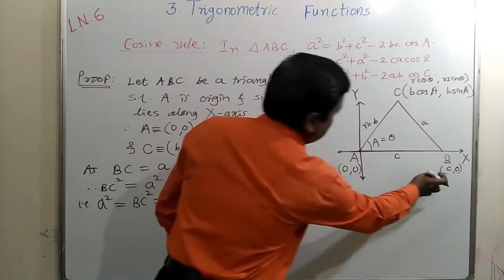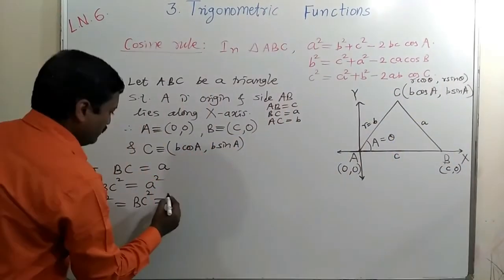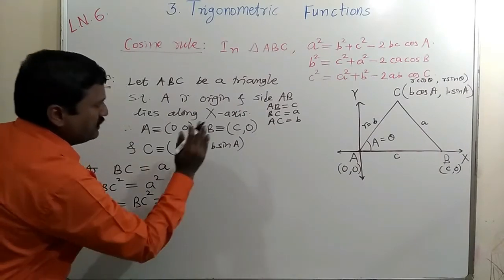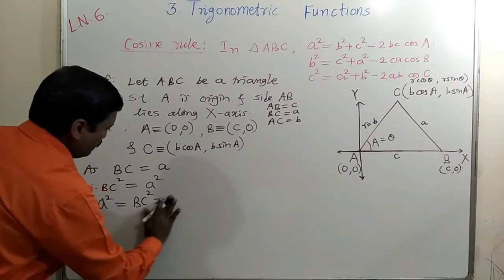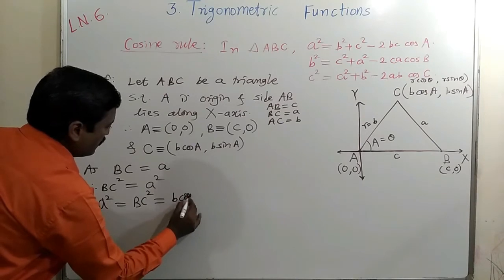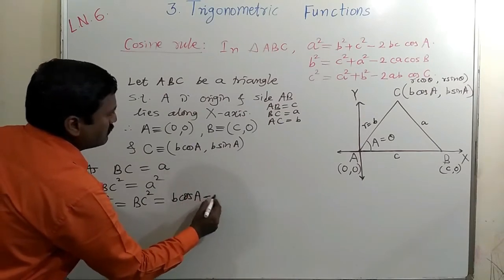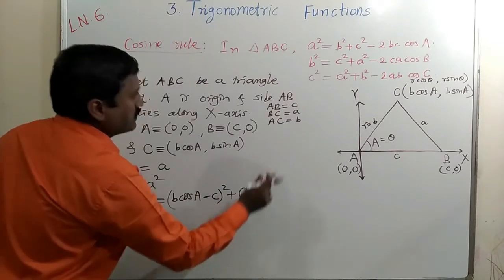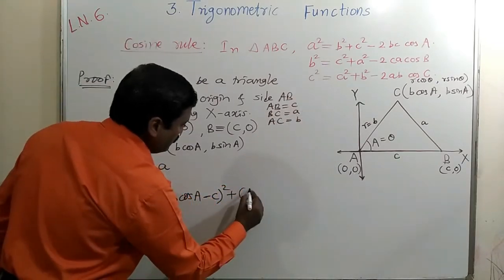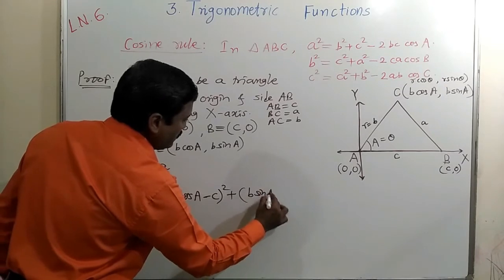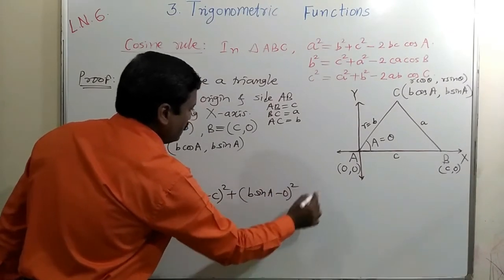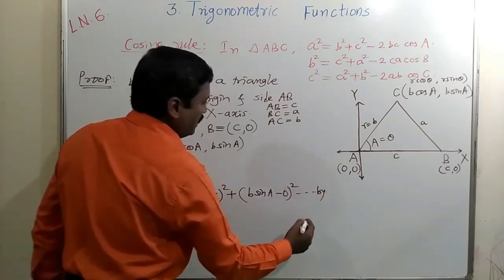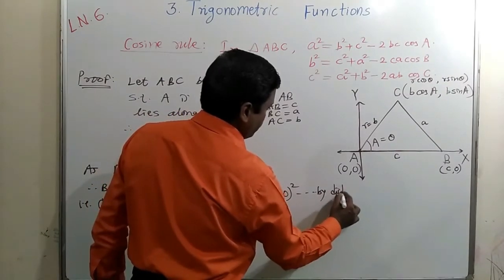So it is (b cos A minus c) whole square plus (b sin A minus 0) whole square. This is by the distance formula.